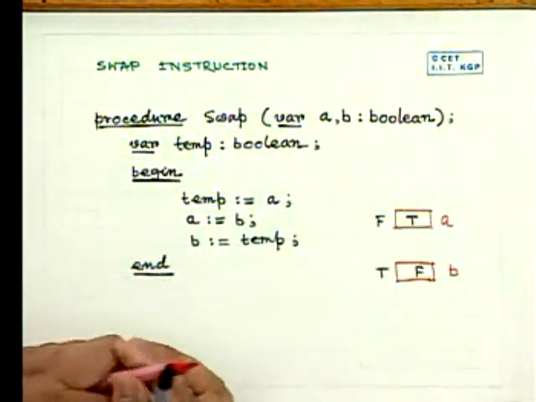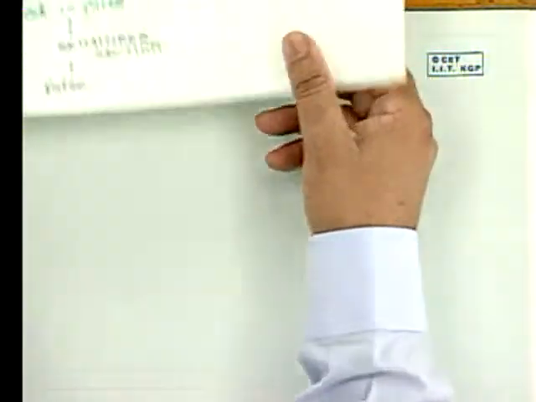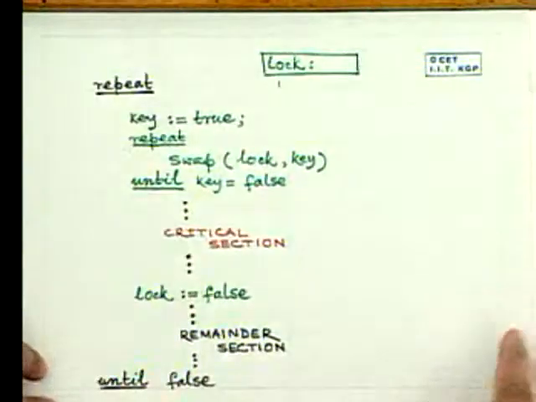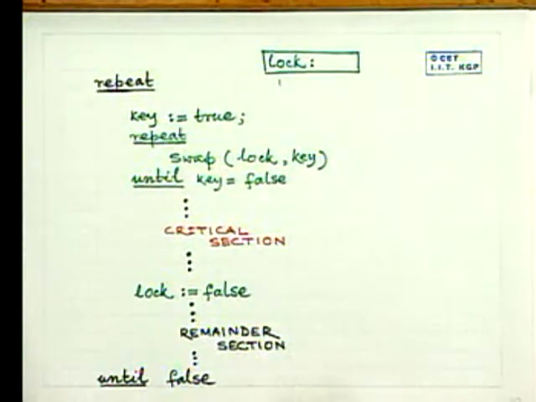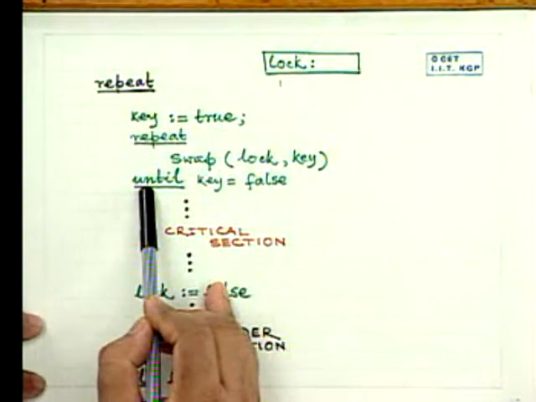Now let us see how this instruction can be utilized to achieve what we call mutual exclusion. Now here we have kept a program. This is the green part, our entry section.